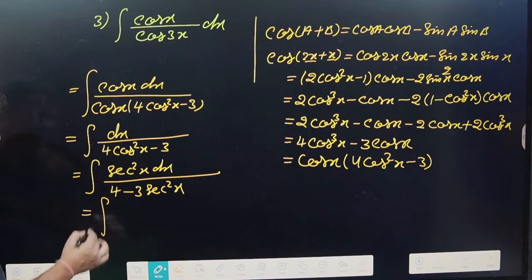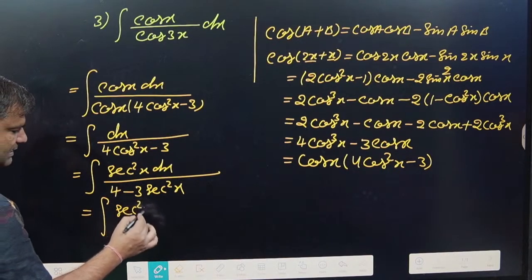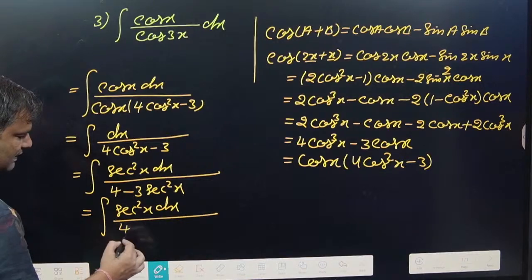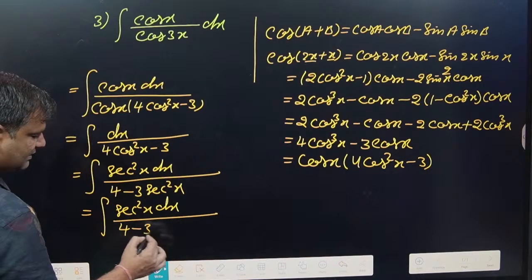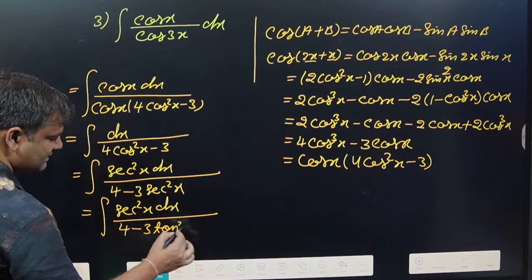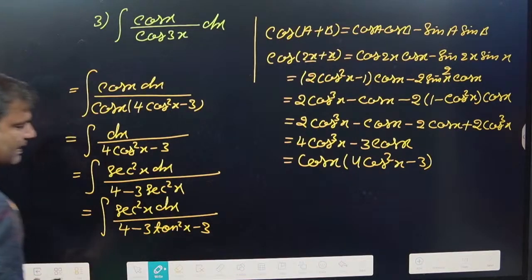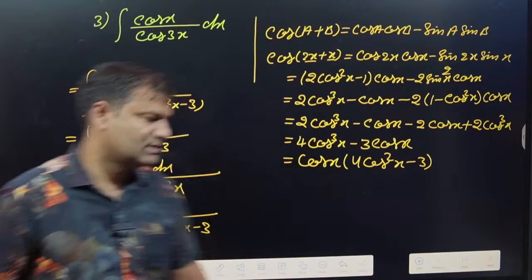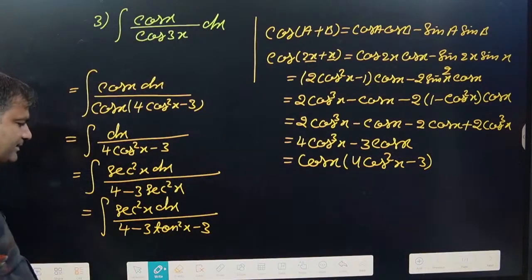Then integration of sec square x dx divided by 4 minus 3 (1 plus tan square x), because sec square x is replaced by 1 plus tan square x.